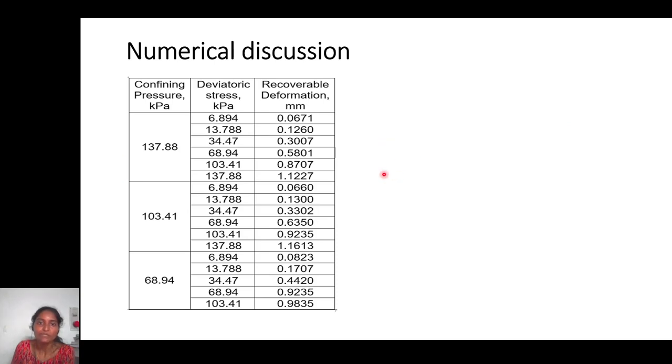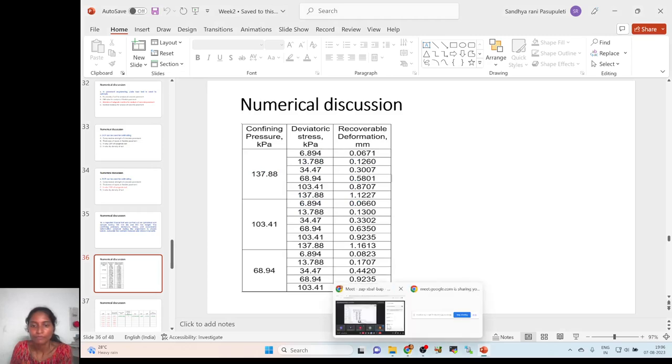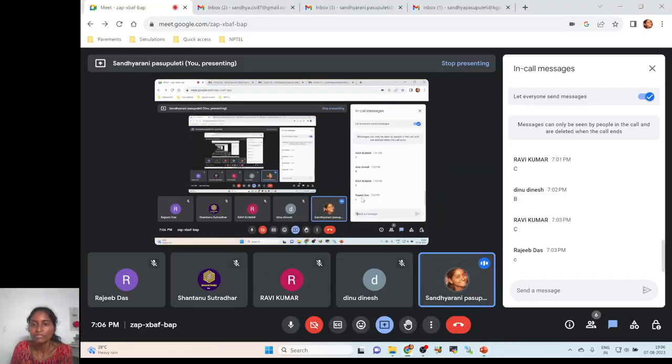In the 100 by 200 mm specimen, for this confining pressure, let us say, they have started testing with different deviatoric stresses and they have started observing the recoverable deformation in each stage. They are asking to determine the resilient modulus and also the stress invariant. How do we do? Any idea?